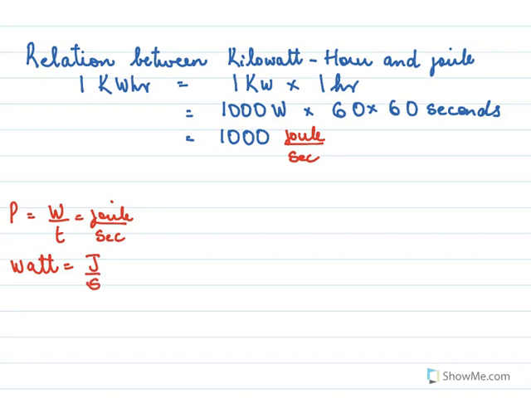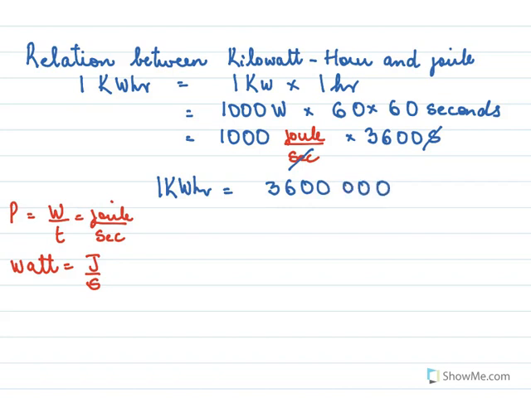So that's what I have written here, and 60 into 60 is 3600 seconds. So this second and this second were cut off, and then I'll have 1 kilowatt hour equal to 1000 into 3600 joule. So I have got a relationship between 1 kilowatt hour and joule.